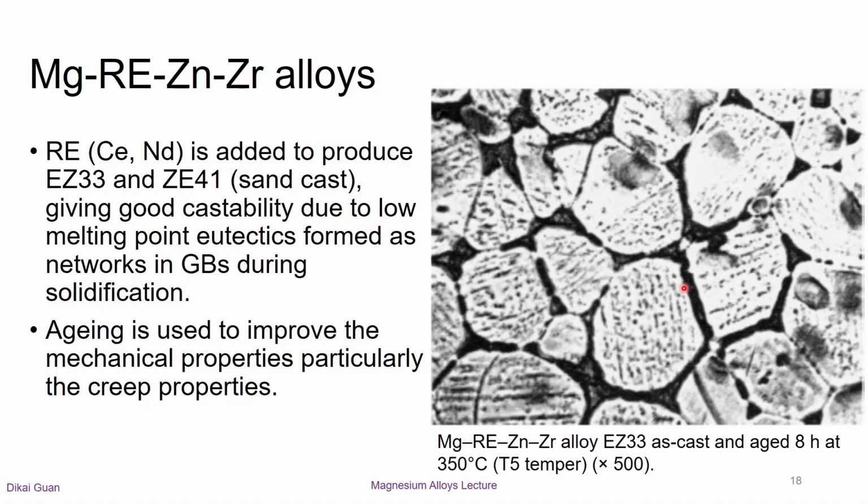Aging introduces precipitates within the grains, and the generally good creep resistance in these alloys is attributed both to the strengthening effects of these precipitates and the presence of the grain boundary phases. For instance, we can see the grain boundary phases and the precipitates in the image of alloy ZE33 after aging at 350 Celsius degrees for 8 hours.